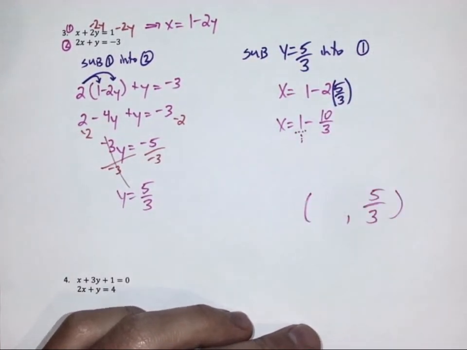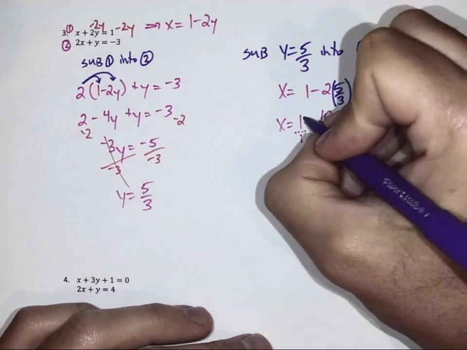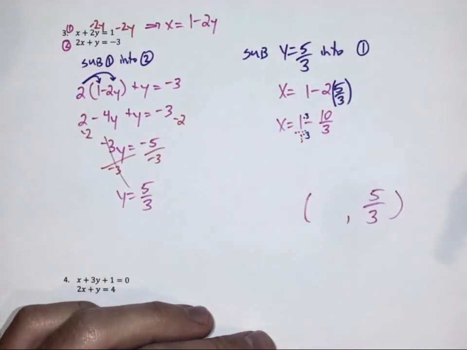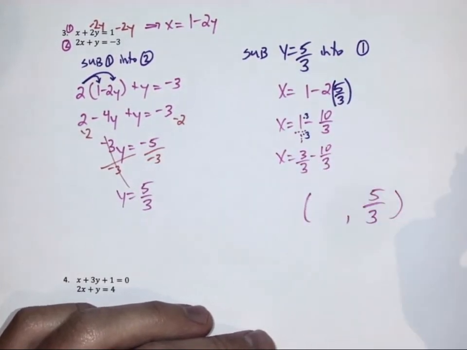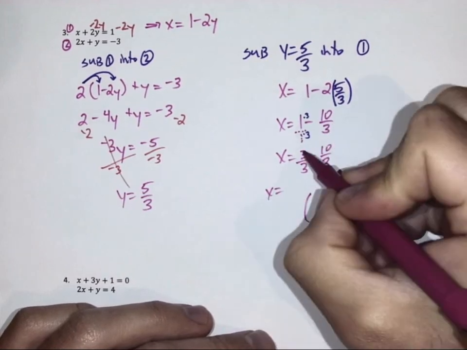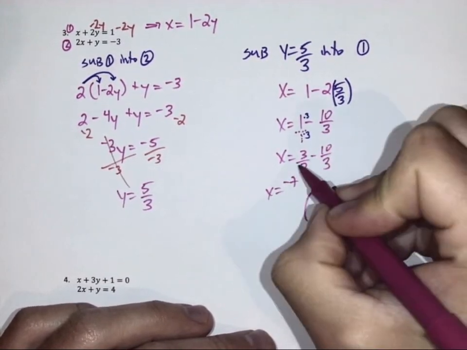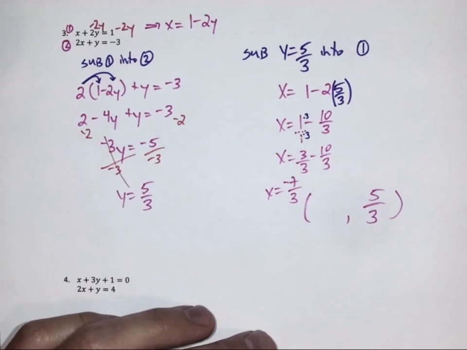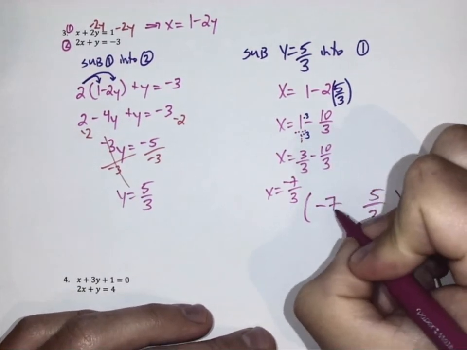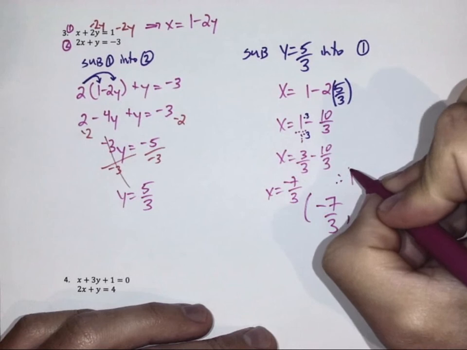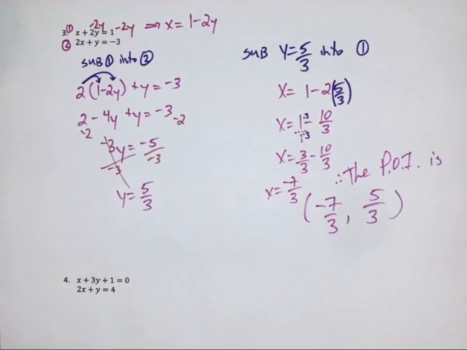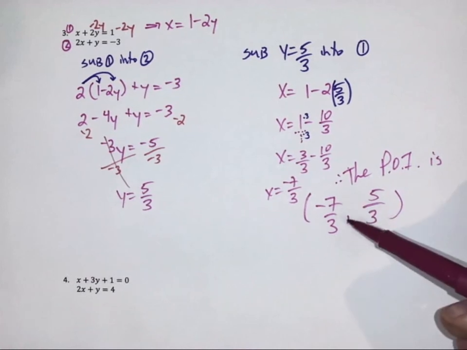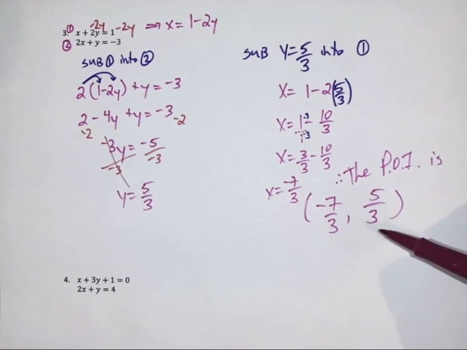Remember that 1 is like 1 over 1. So I'm going to times by 3, times by 3. Now that I have a common denominator, 3 take away 10 is negative 7, all over my common denominator, 3. And now I have my point of intersection. The point of intersection is negative 7/3, 5/3. Let's continue with example 4.